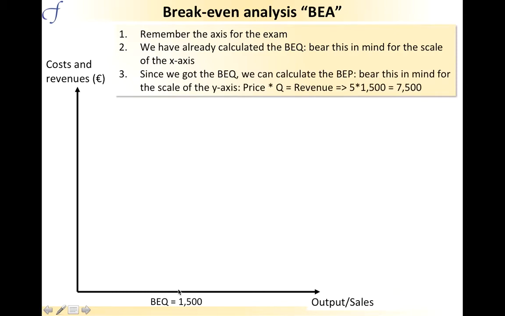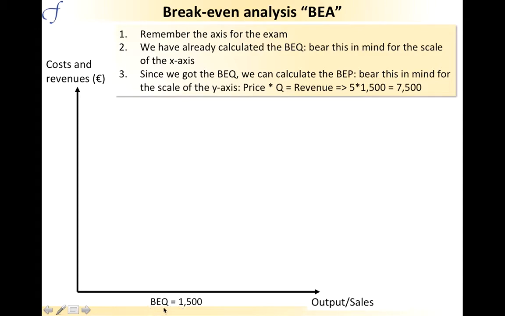Next, since we already have the break-even quantity, we can then calculate what is the break-even point. And this is very useful to do the same exercise, but this time for the y-axis, the costs and revenues. Since we know what is the break-even quantity, we can very easily calculate what is the total revenue at this point. The total revenue is always equal to price times quantity.